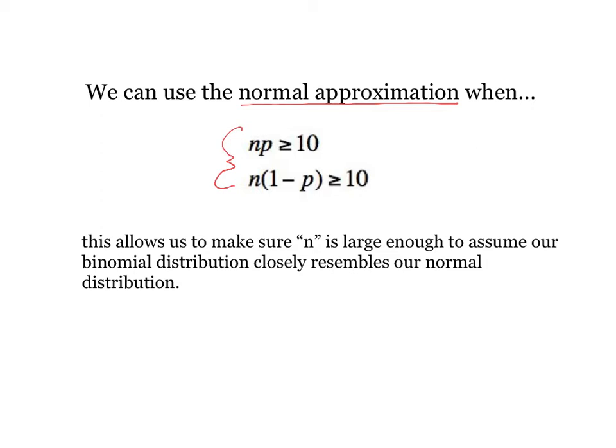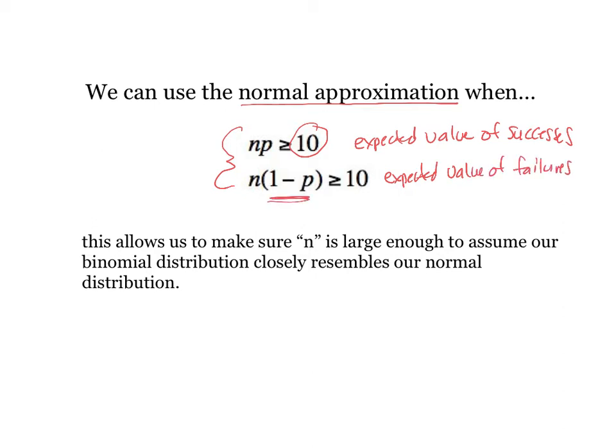Now if you think about it, n times p is the expected value of the successes. So as long as we're guaranteed 10 or more successes in our trials, and n times 1 minus p is the expected value of the failures.